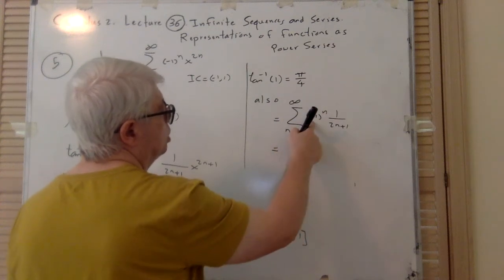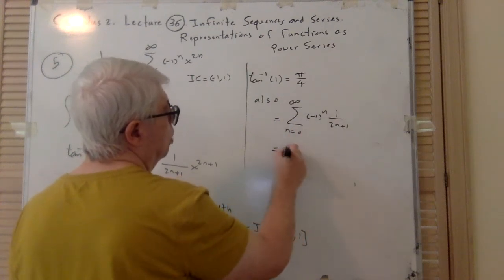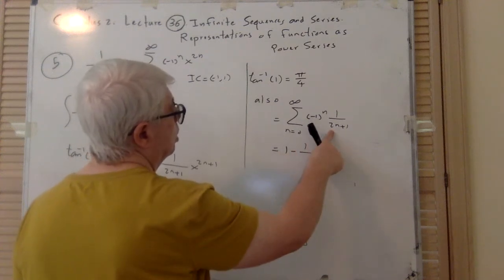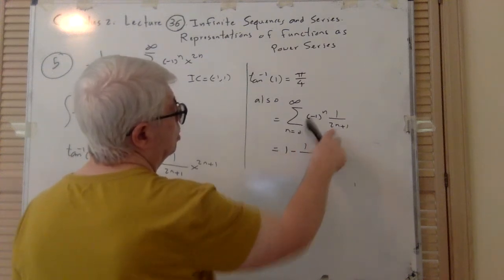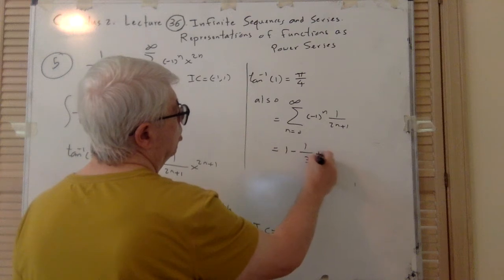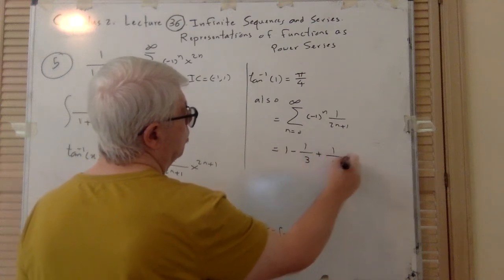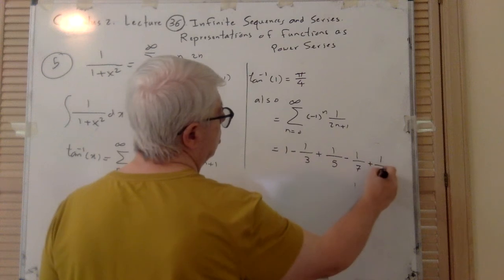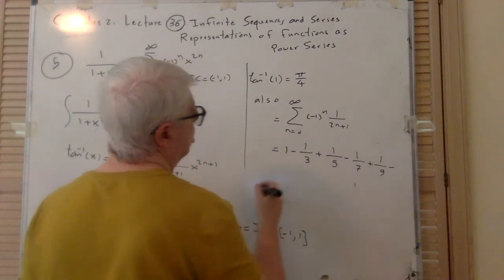So it is 1, in fact, minus 1 over 3 plus 1 over 5 minus 1 over 7 plus 1 over 9 minus and so on.